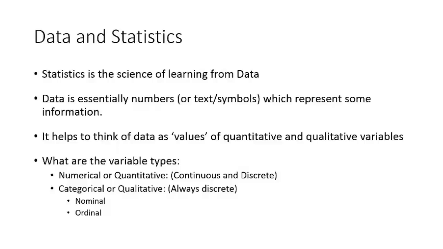Let's say the variable we are interested in is the height of students who are registered for this course. Let's say I take a sample of 1,000 students and write down their heights, so this is a data set that I have.